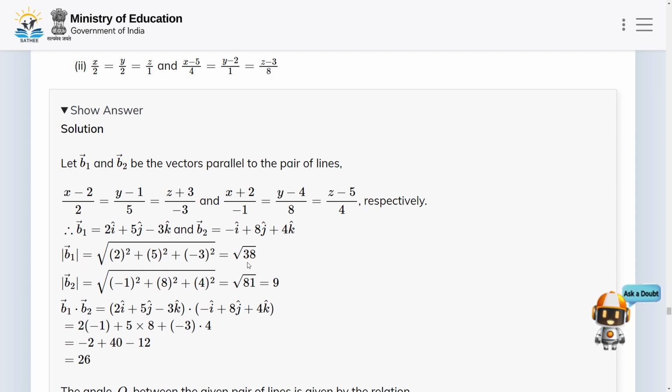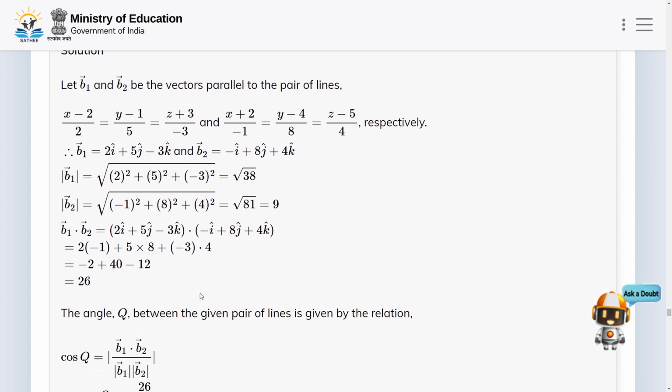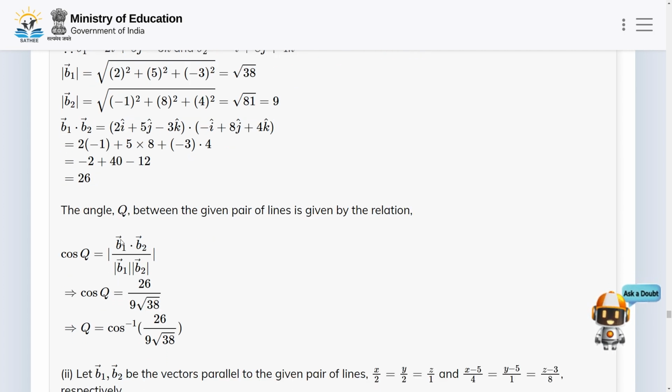Now B1 magnitude will be root 38, B2 magnitude will be just 9, dot product will be 26. Your angle Q will be the angle between your lines. This means cos Q will be 26 divided by 9 root 38. So your angle will be cos inverse of 26 divided by 9 root 38.